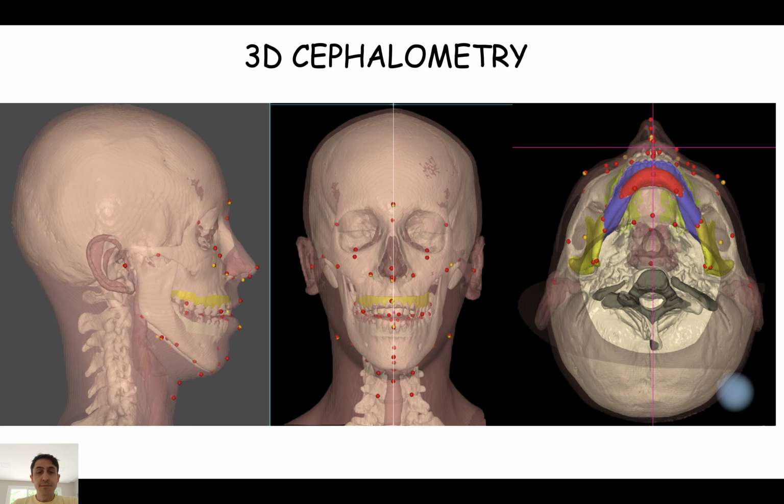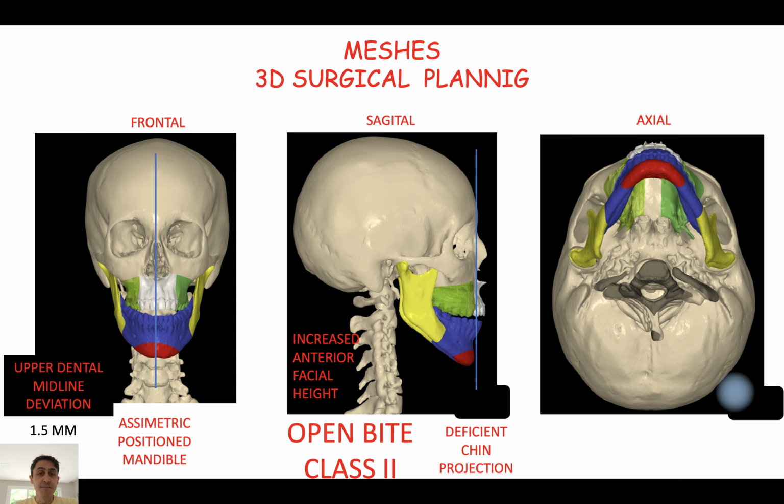Now, as I know the sagittal measurements, or the best sagittal position you could get, I go through 3D cephalometry, when I put all the geometric points over the meshes obtained from the CT.